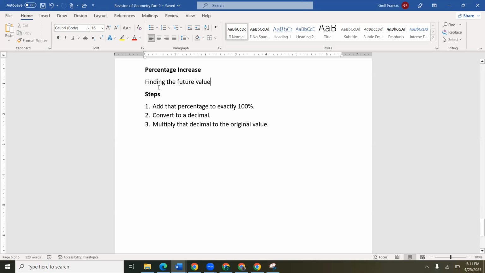So percentage increase, finding the future value. These are the steps. You add the percentage. The reason why you add the percentage is because of the word increase. Increase means that you add. And then you find the future. Future means that you multiply.